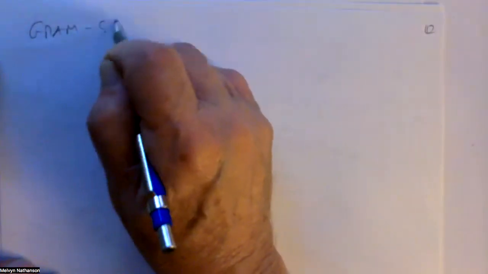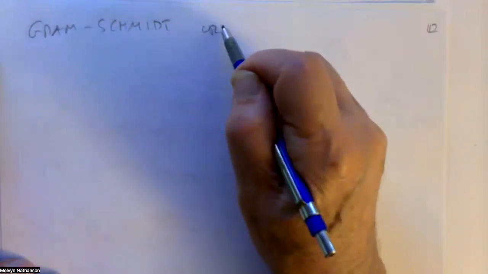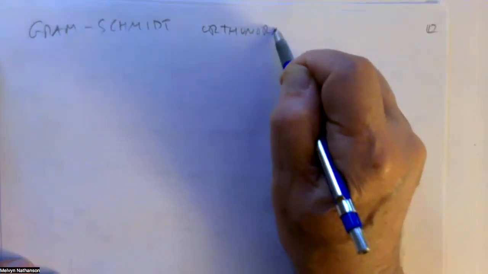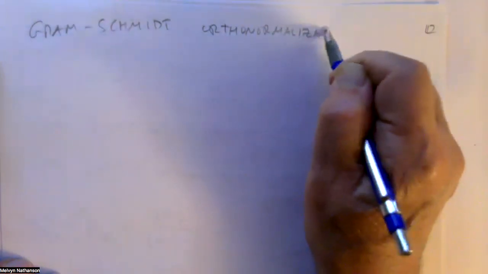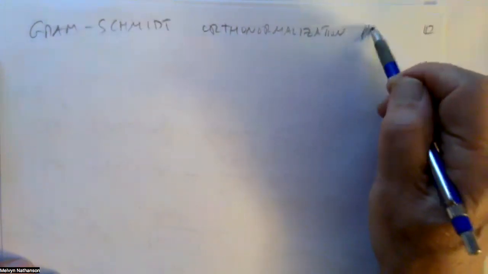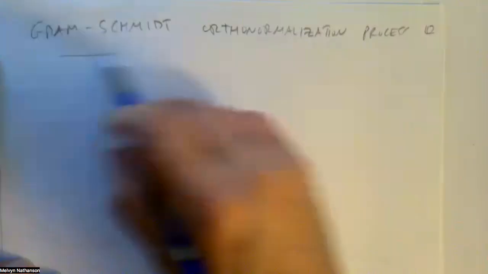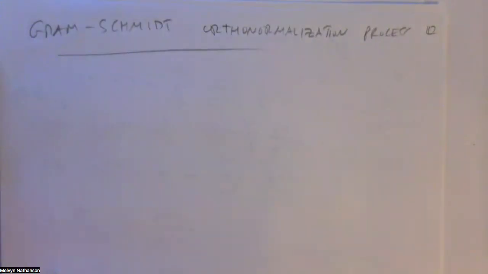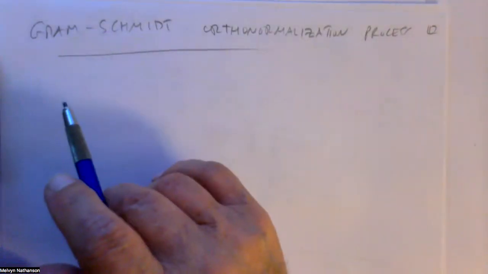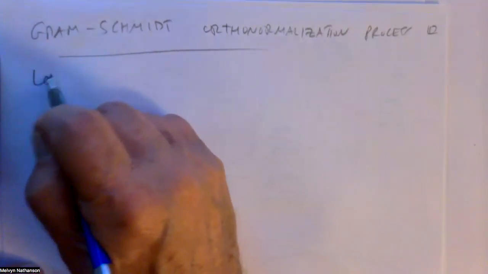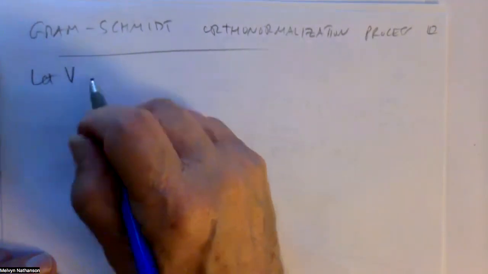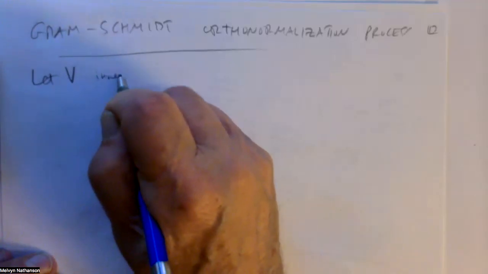And this is all we need to prove Gram-Schmidt. Gram-Schmidt is called the orthonormalization process or algorithm. It says, let V be a finite dimensional inner product space.